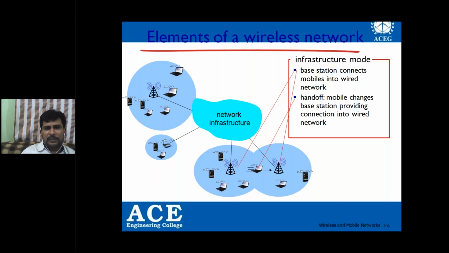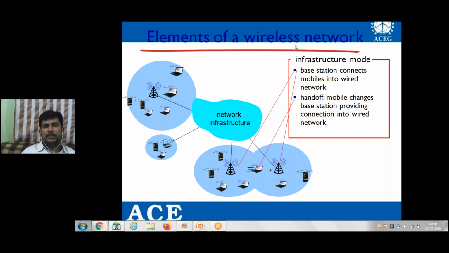When you have a base station in your network to control this, it will be referred to as infrastructure mode. So when you have a base station to control different devices, you will refer to it as an infrastructure mode.